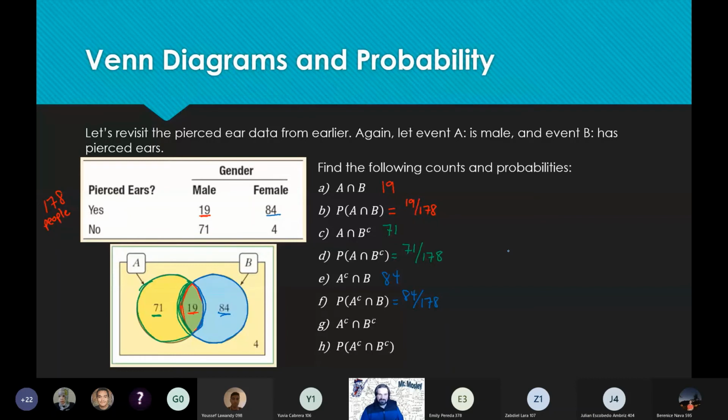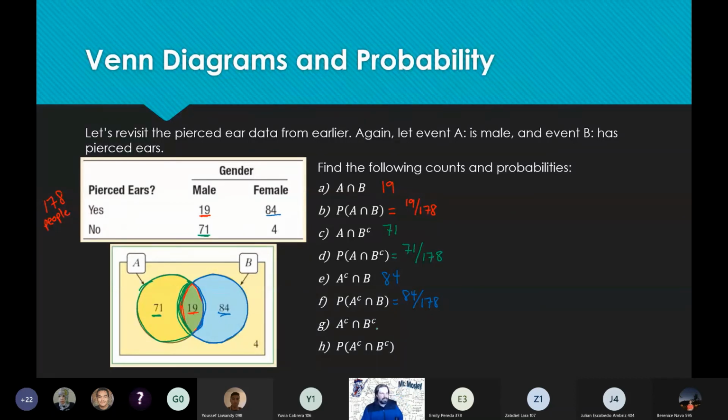Essentially, each of these is going through one of those four numbers that's available. You want to think about it that way. This number, the 71, is male and no, then male and yes, female and yes. Last one, female and no. A complement and B complement.